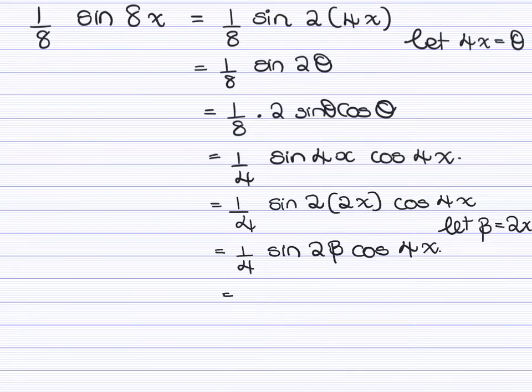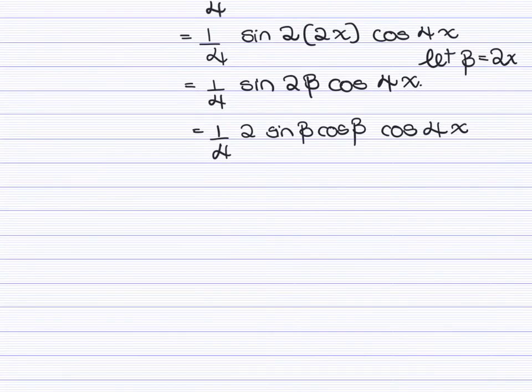Right. It's easy to see the double angle here. Again, we expand the double angle and we get 2 sine beta cos beta. Not forgetting your cos 4x here. Okay.